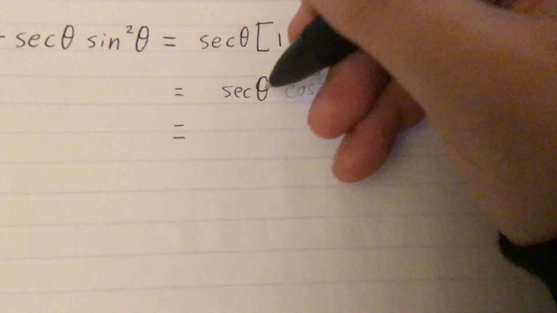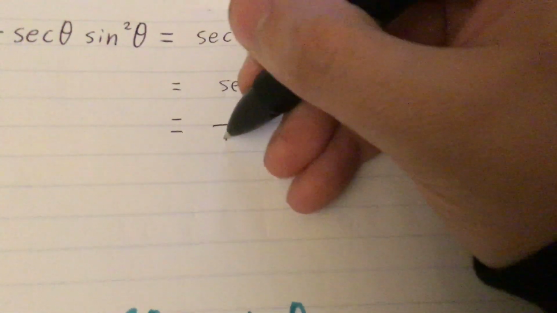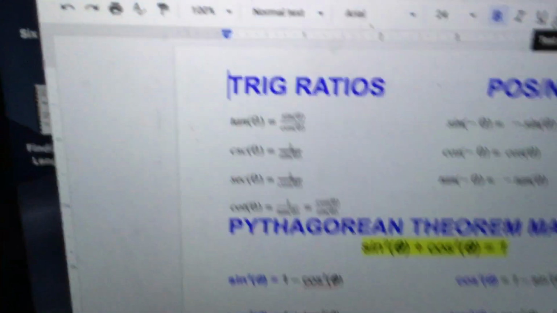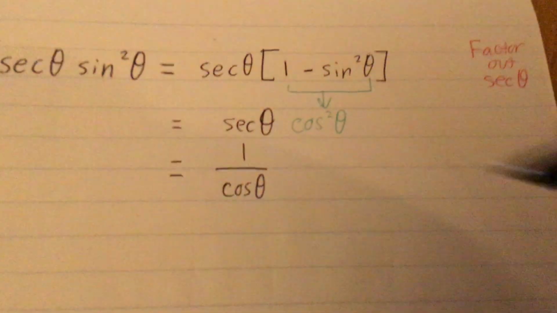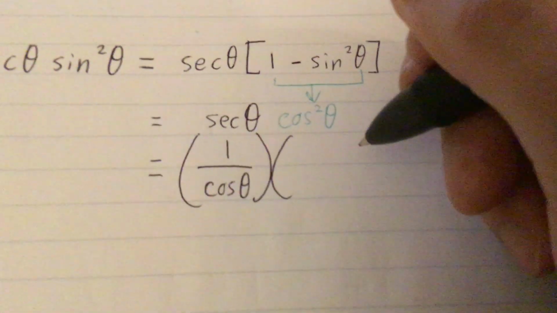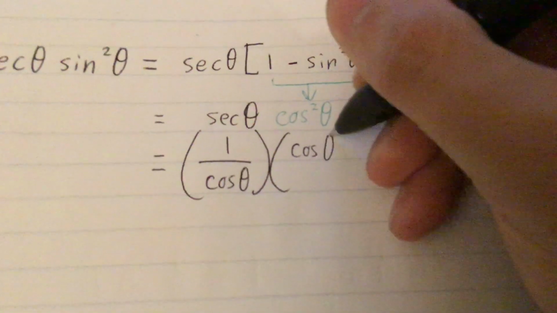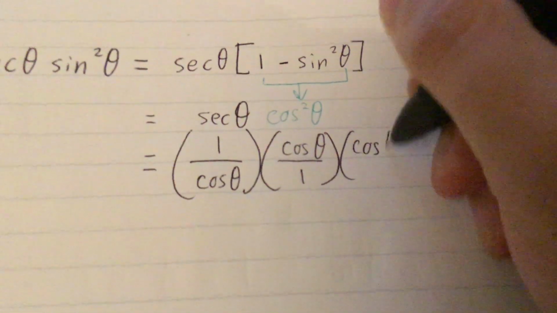Well, secant of theta is 1 over cosine of theta, right? From the trig ratios, secant is 1 over cosine. Okay, so I'm going to break that up. Cosine squared, well, that's just cosine of theta times cosine of theta. Or I could just jump it and say cosine of theta over 1 times cosine of theta over 1.